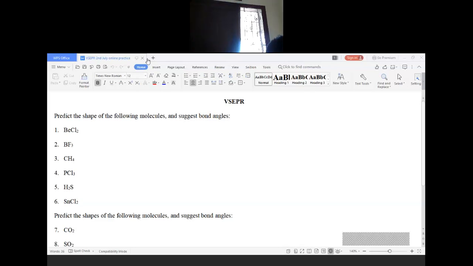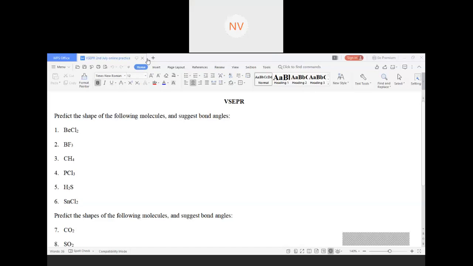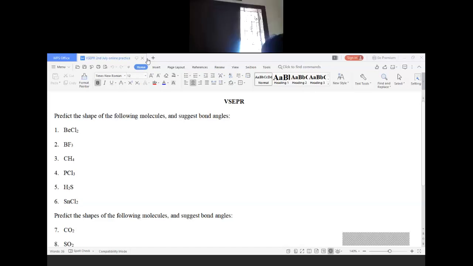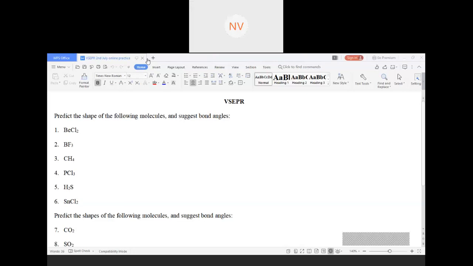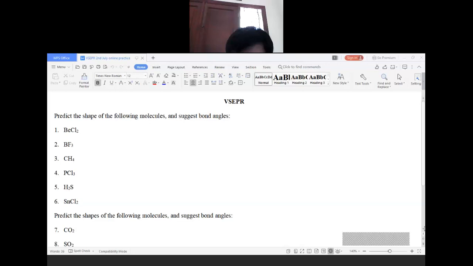Let me find it in VSEPR. Okay, in VSEPR, 2 bond pairs and 1 lone pair, it is 119, bent, V shape. Yes. Okay, close, but not so close. Okay. Next.